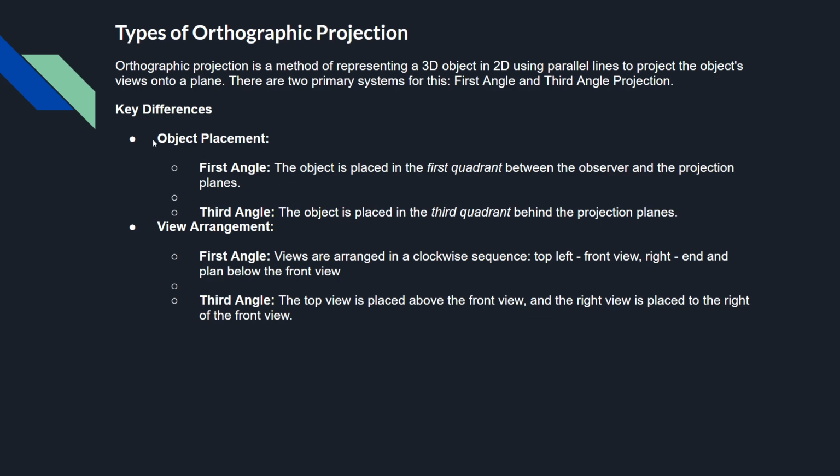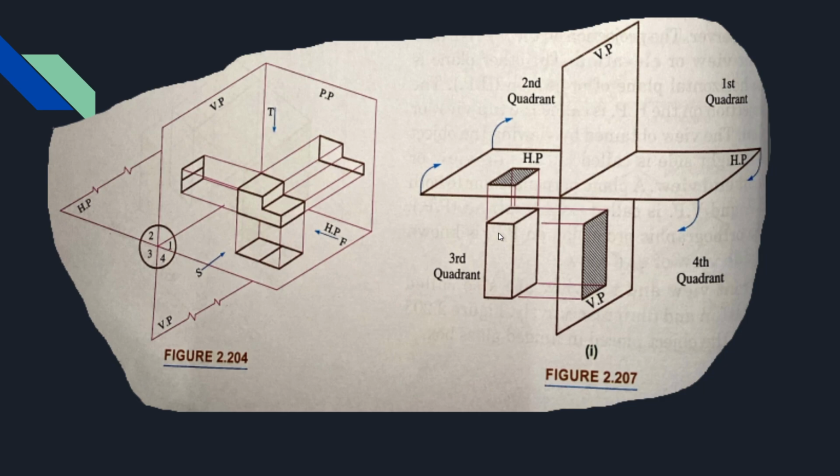Now, you're going to see here that the presentation also speaks about object placement, and it says that for first angle, the object is placed in the first quadrant, and for third angle, the object is placed in the third quadrant, right? So if you look at these two images here, you can see in the first image, for the first quadrant, this is where they're talking about the first angle, right?